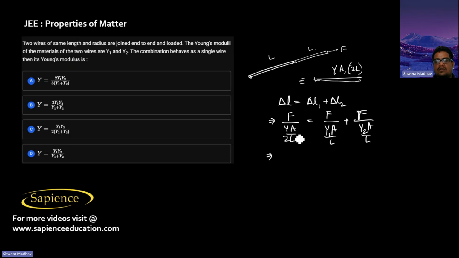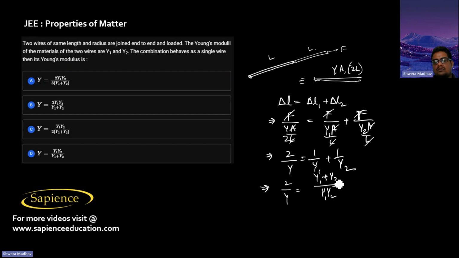So this means F by AL will get cancelled. So here we will get 2 by y is equal to 1 by y1 plus 1 by y2. So therefore 2 by y is equal to y1 plus y2 by y1 y2.